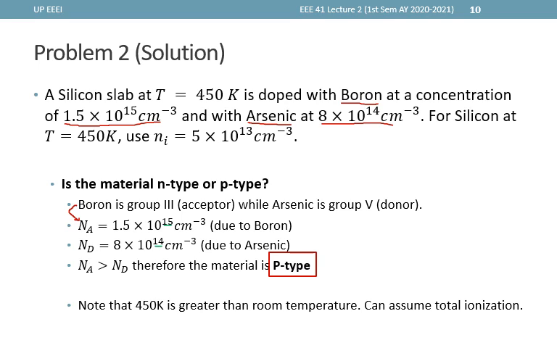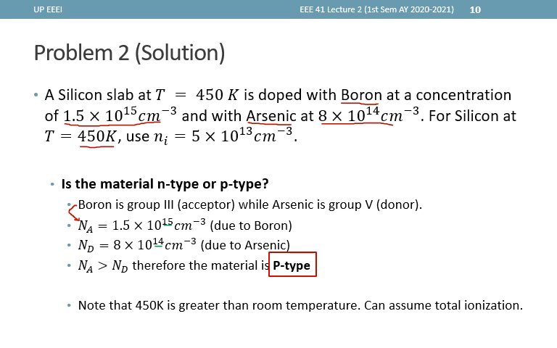Note also that the temperature in consideration is 450 kelvins, which is greater than room temperature. Since we can assume that total ionization happens at room temperature, then more so at higher temperatures, we can still assume total ionization.